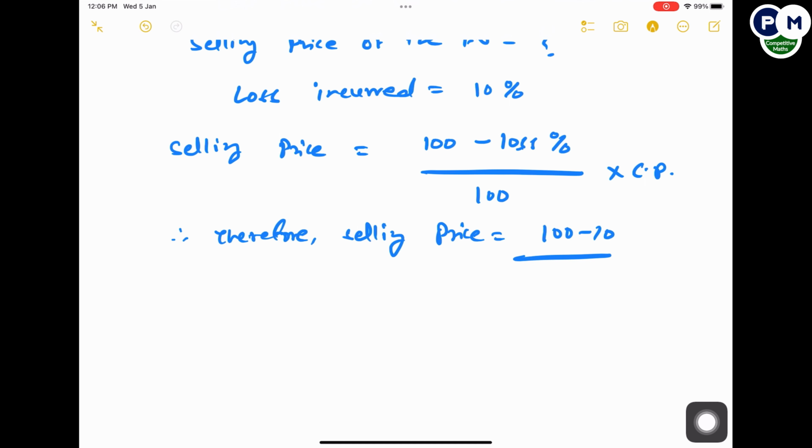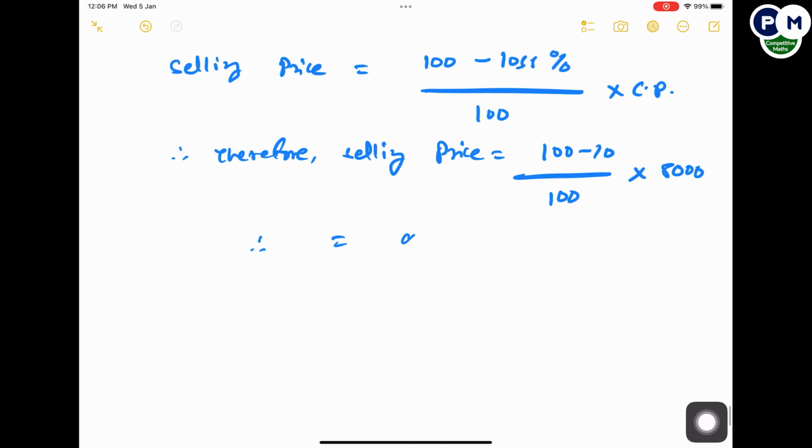Next, selling price equals the result of 100 minus loss divided by 100 and multiplying it by cost price. Therefore, selling price is $7,200.